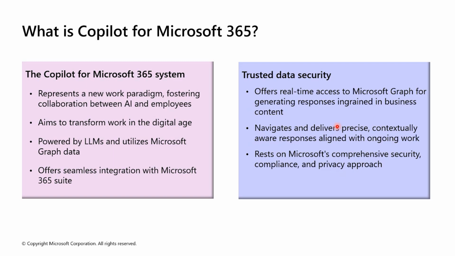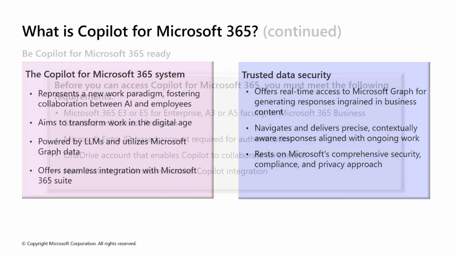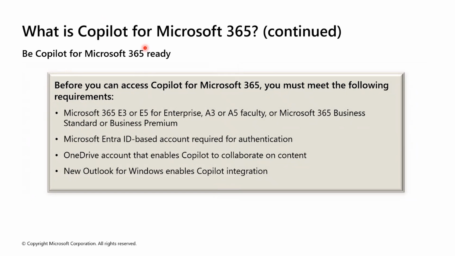Copilot generates relevant responses and understands your ongoing work, whether it's the current meeting, your recent emails, or last week's chat. It aligns seamlessly with your organization's security policies, ensuring a trustworthy AI solution.